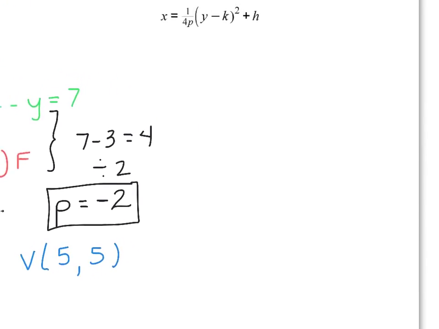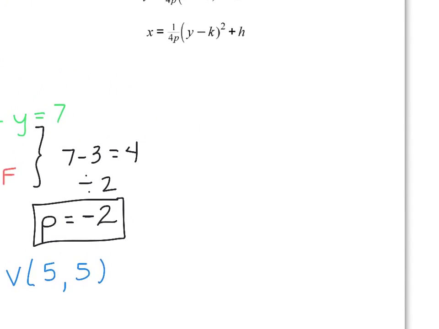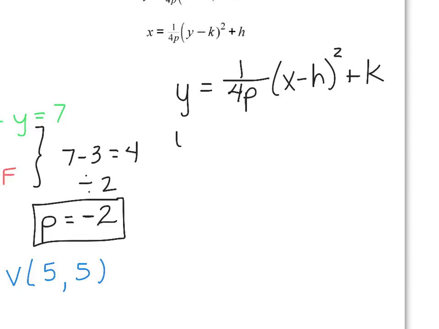That's all the information we need to write our equation. So I'm going to move over here to the right. Let's substitute in. This parabola is opening down, so I'm going to use the formula y equals 1 over 4p x minus h quantity squared plus k. Let's substitute in.